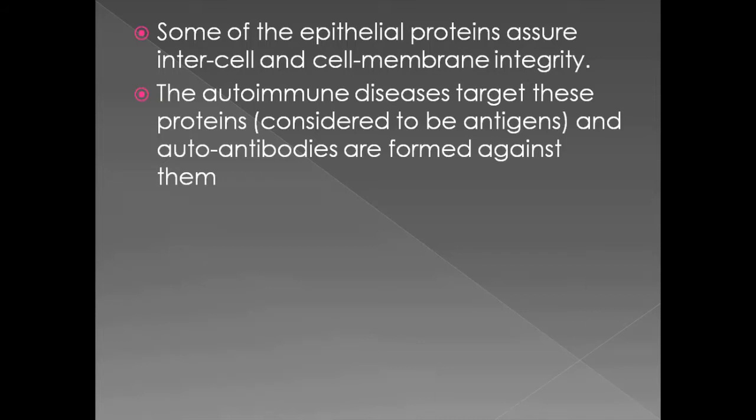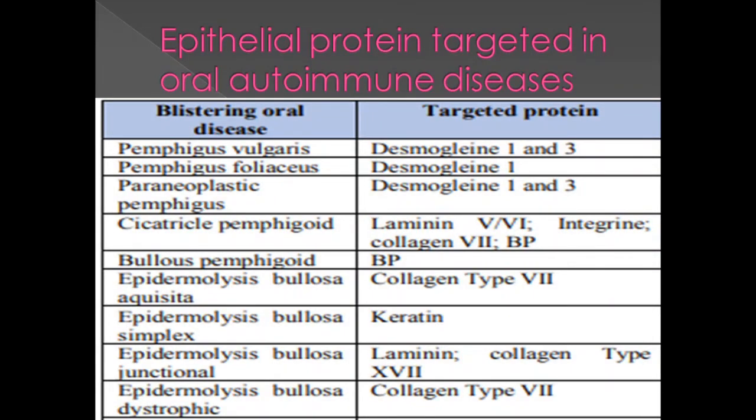I will be explaining in detail what this means. Epithelial proteins targeted in oral autoimmune diseases: there are various proteins in the epithelium that are considered antigenic, and antibodies are formed against them, and they will be destroyed over a period of time. So the various functions served by these proteins get compromised and hence disease will be there.